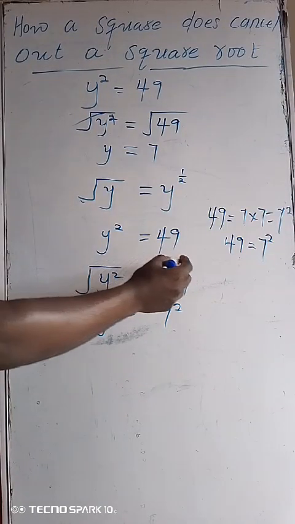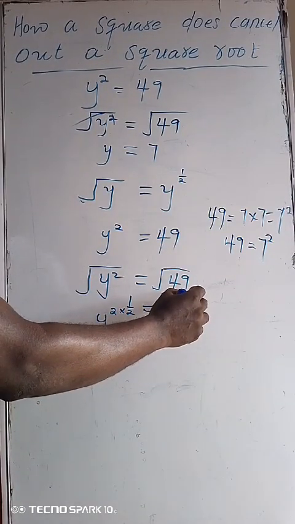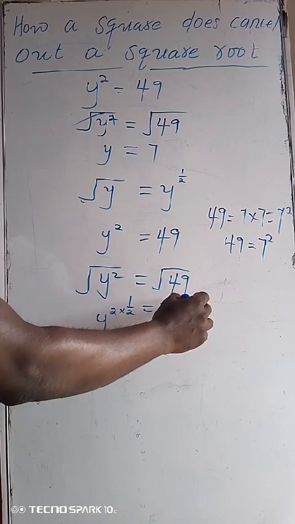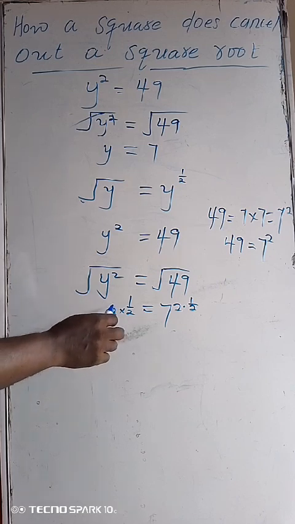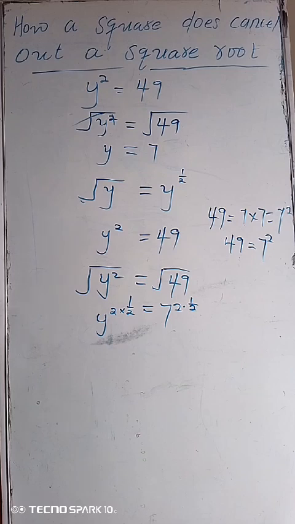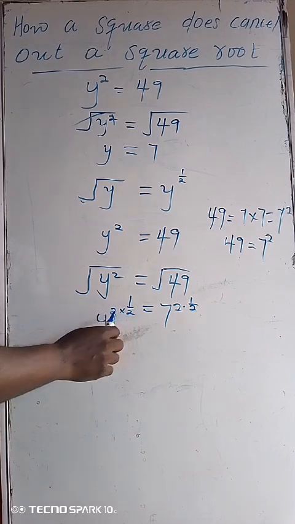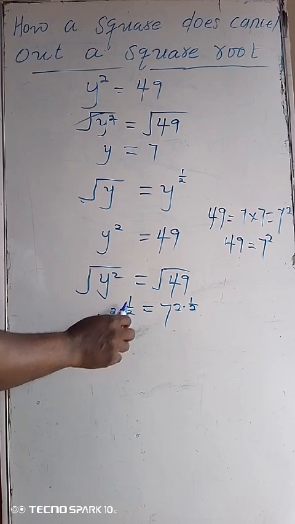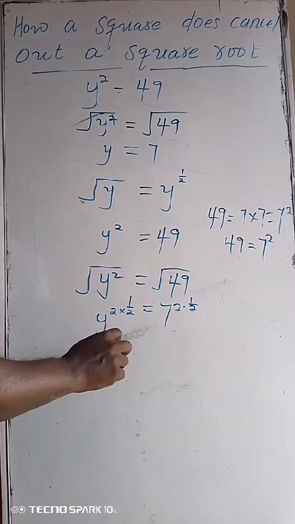Now the square root that you see is power of 1 out of 2. The next step: the power 2 is a whole number, so when we multiply it by 1/2, it's going to be 2 times 1 in the numerator, which will give me 2.